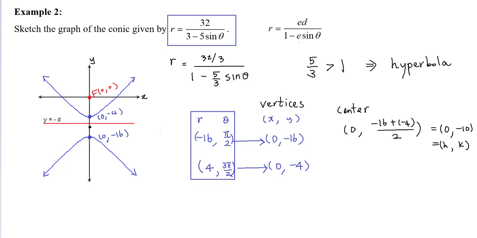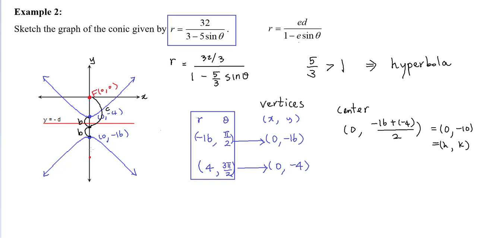And now the center to the vertex is b, and the center to the focus is c. There is another focus somewhere over here, at the same distance.